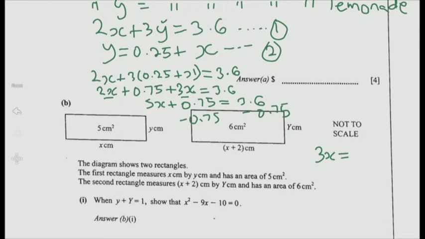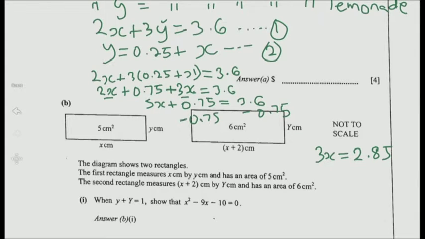Can work out that. So that will be 2.85. Again here, it's like we have 3x instead of 5x.